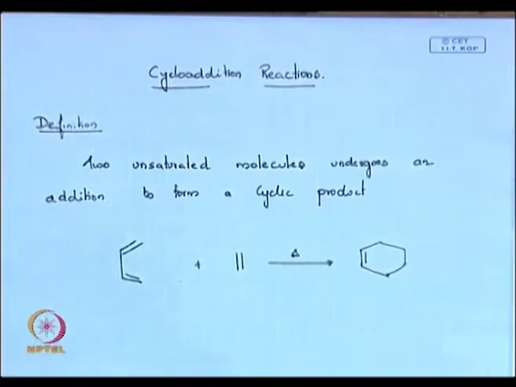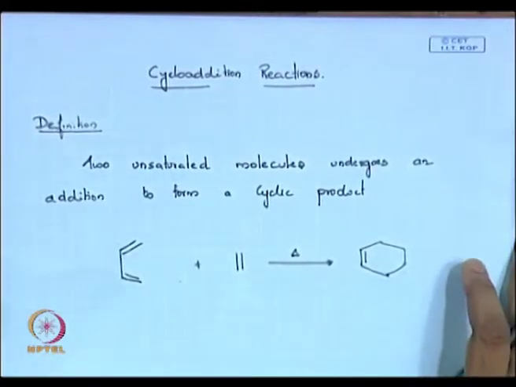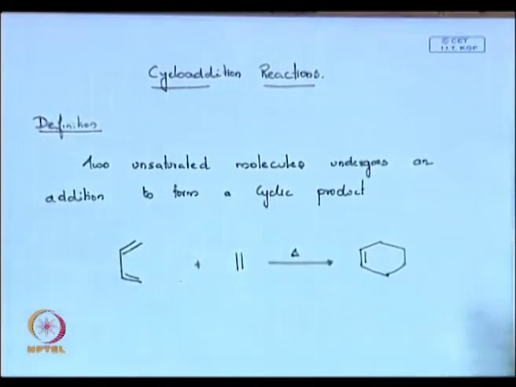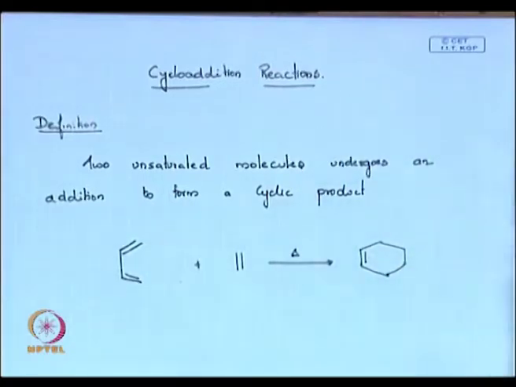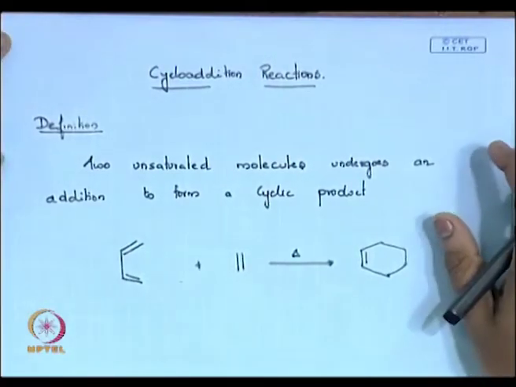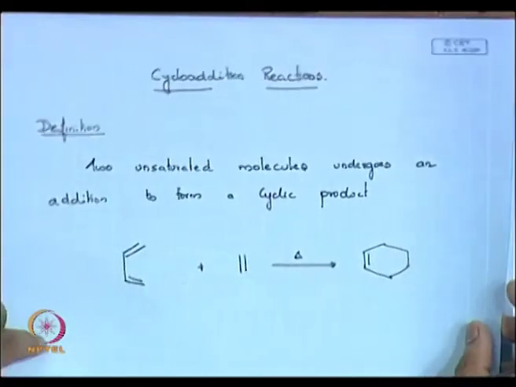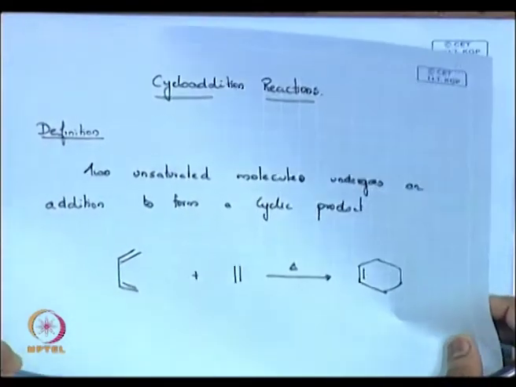So this is a broad definition of cycloaddition reaction: 2 unsaturated molecules undergo an addition to form a cyclic product. But there are many reactions in which you can even see 3 molecules or 4 molecules undergoing cycloaddition type reactions. But as a simple definition, we can keep 2 unsaturated molecules undergoing an addition to form a cyclic product.